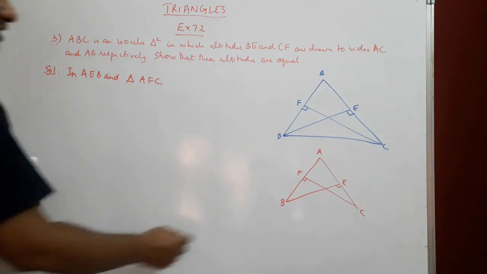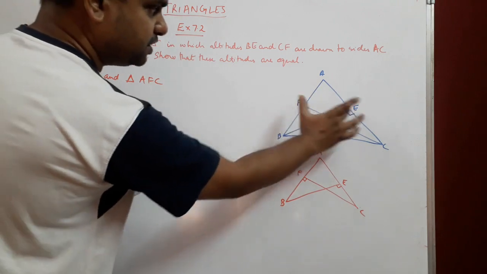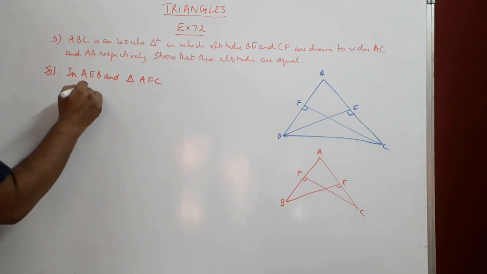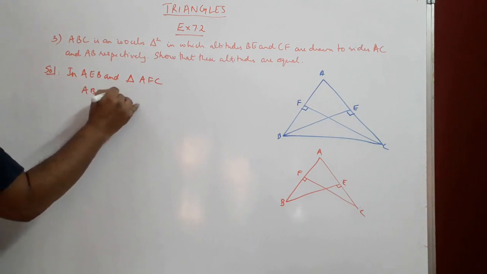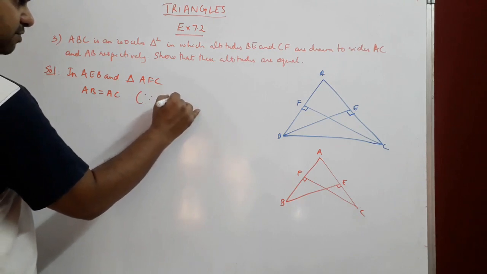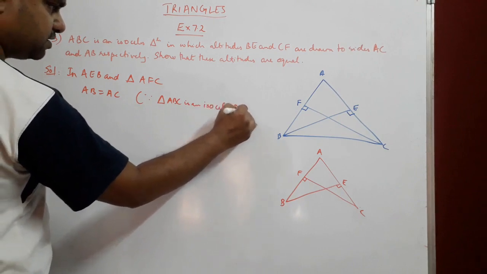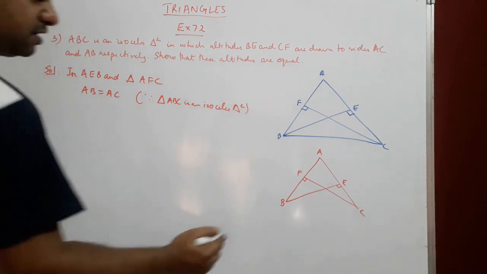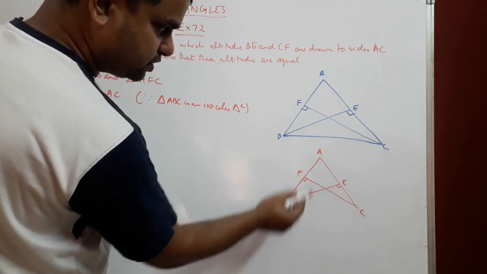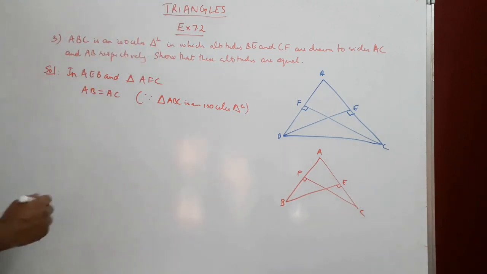Now we have been given this triangle ABC is an isosceles triangle, which means AB should be equal to AC. So AB equals AC, since triangle ABC is an isosceles triangle. AB belongs to triangle AEB and AC belongs to triangle AFC. So we have got that one.